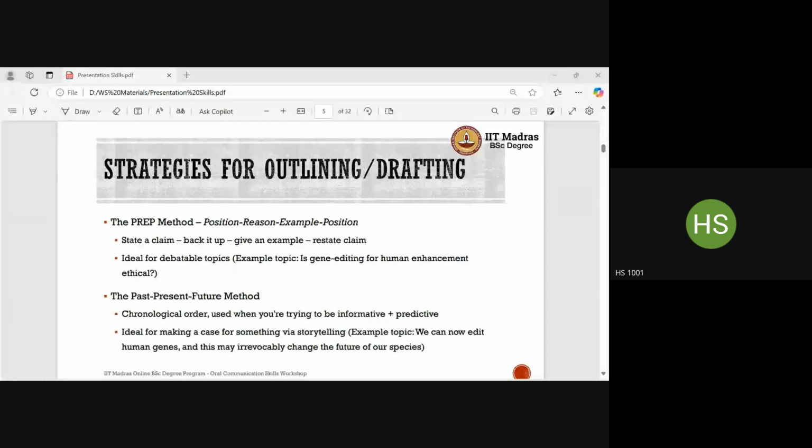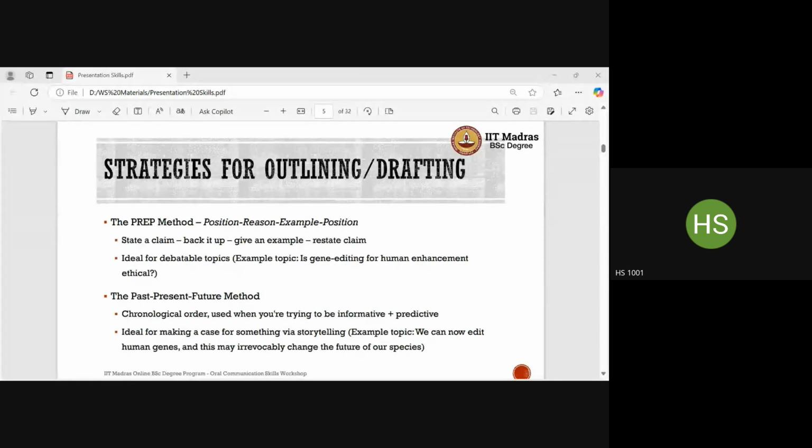For example, if the topic is, is gene editing for human enhancement ethical? People can take different stances on it. Some people might say it is ethical. Some people might say no, gene editing for human enhancement should not be done. And both of these perspectives will have their own reasons as to why they take this stance.